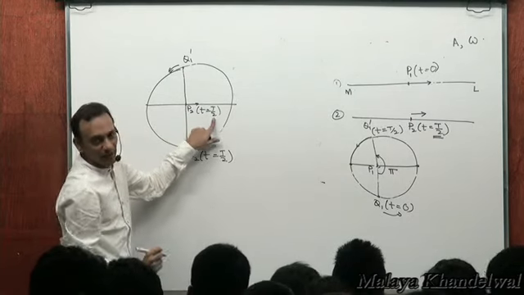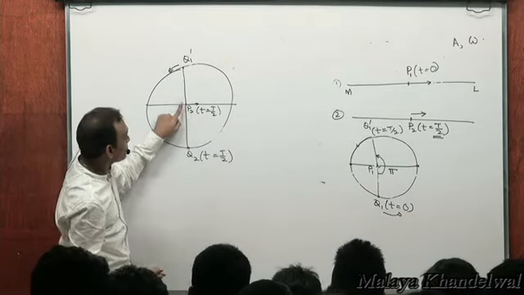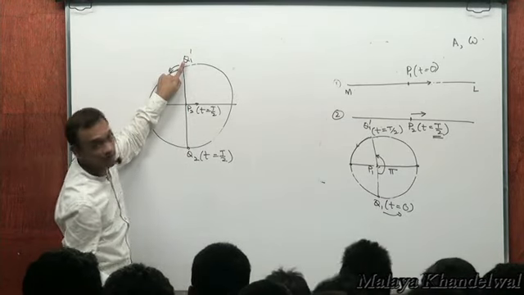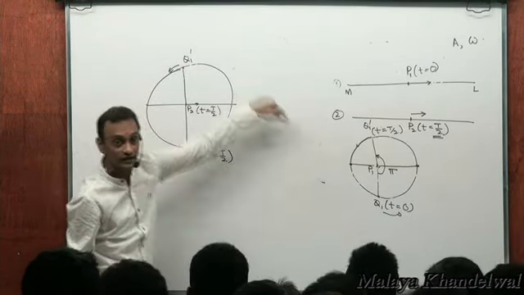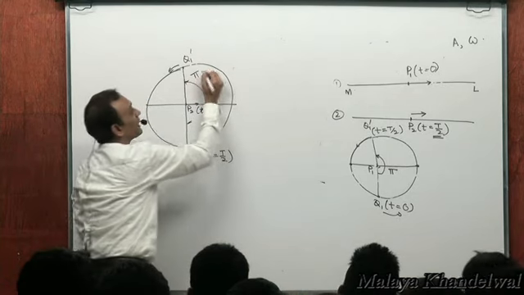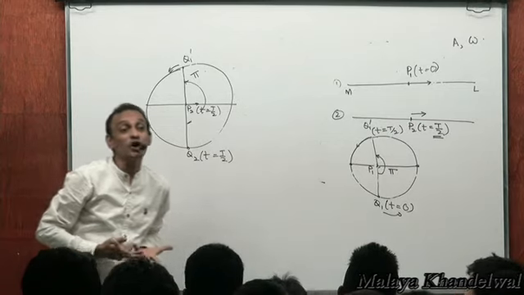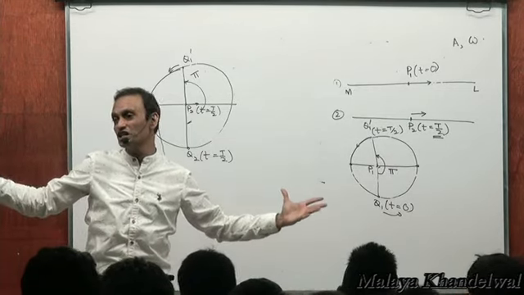Do you realize that this angle is pi radians? Therefore, what is the phase difference between these two oscillators? Pi. The phase difference is pi.